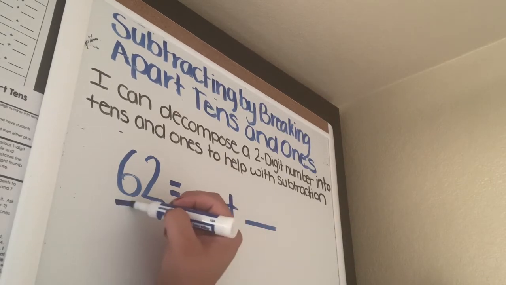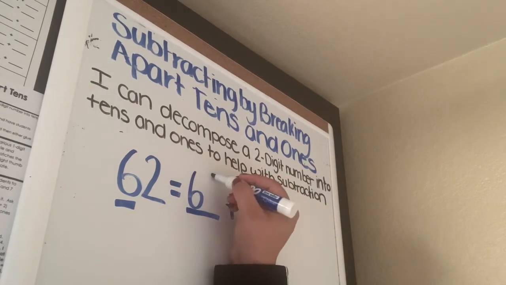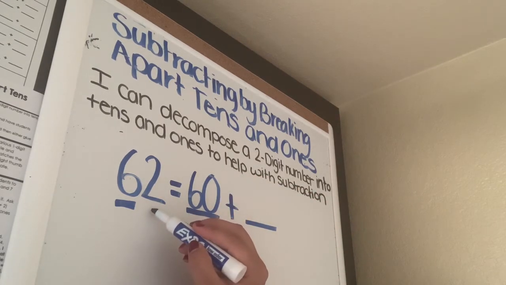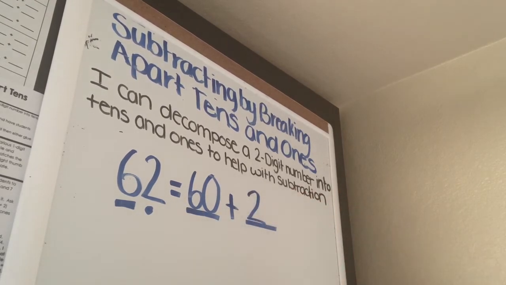Right. We have 6 tens. And what is the value of 6 tens? 60. Amazing job. Now, how many ones do we have in the number 62? 2. Great job. So 62 equals 60 plus 2.